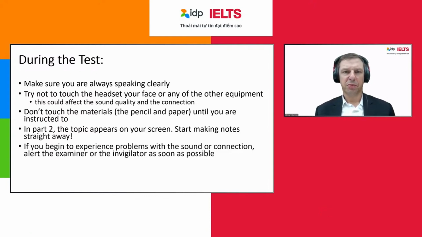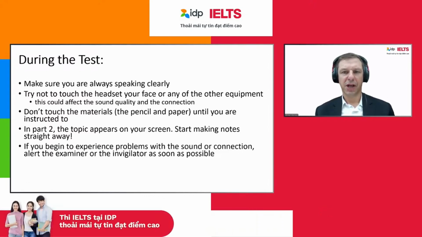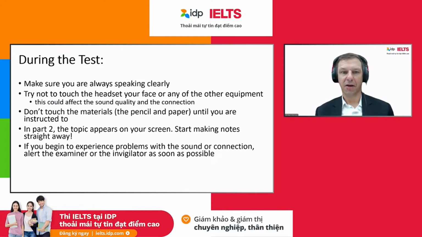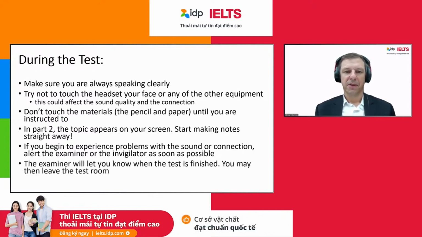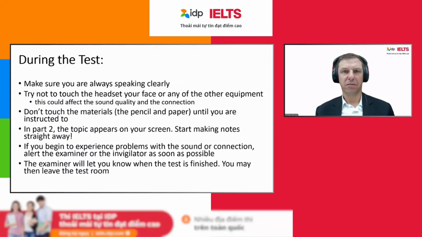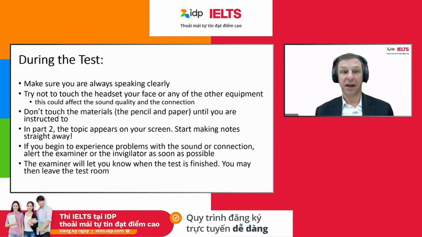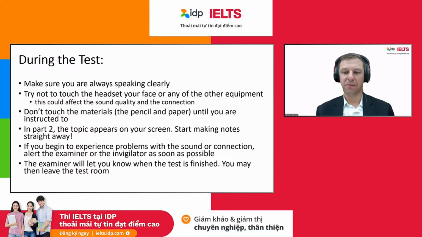If you start to experience problems with your connection or with the sound, make sure that you let the examiner know immediately or the invigilator. Once the test has finished, the examiner will let you know that, and then you can simply take off your headset and leave the test room.